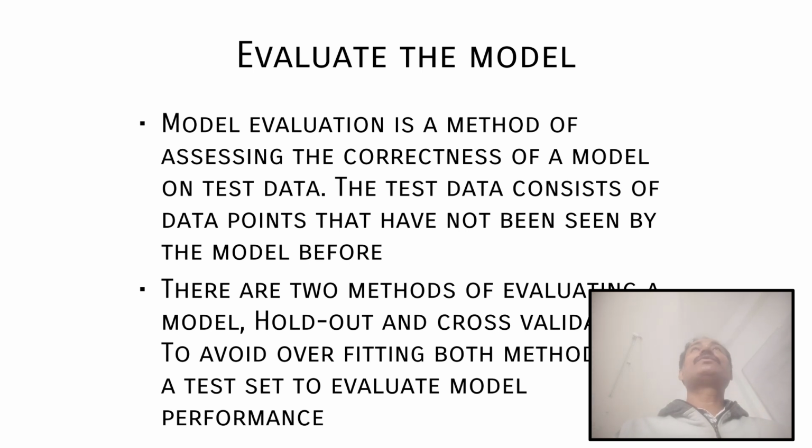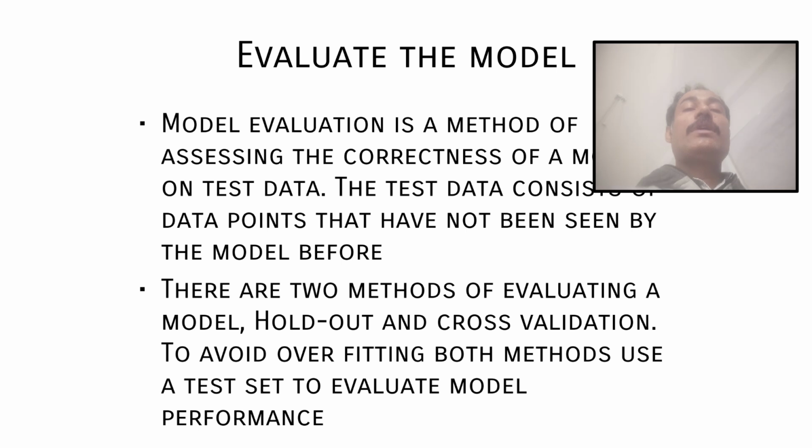As the outcomes of the data set are known to us, we keep a known outcome data set for testing to check whether the machine is working fine. There are two methods of evaluating a model: holdout and cross validation. To avoid overfitting, both methods use a test set to evaluate model performance.